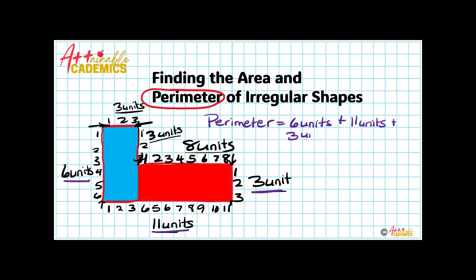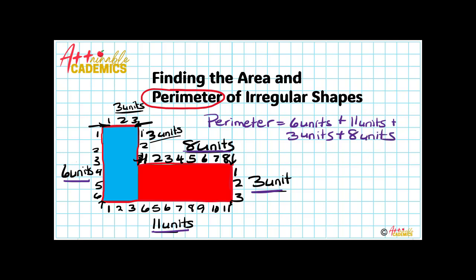Now this is where some students might mess up, where they might not add all of the sides. Whenever you write down a side that you're adding, make sure you underline it or cross it off or something to indicate that you did add it into your addition equation here.